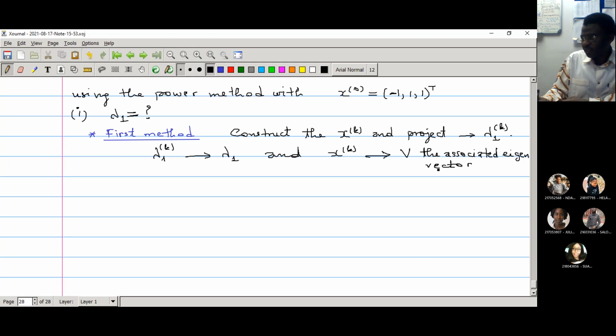This is important to underline, because if in a test you are asked to give the associated eigenvector, you might say that we never did it.